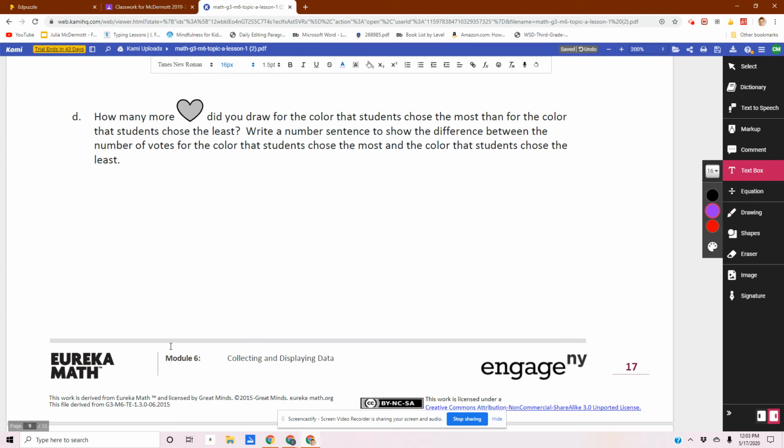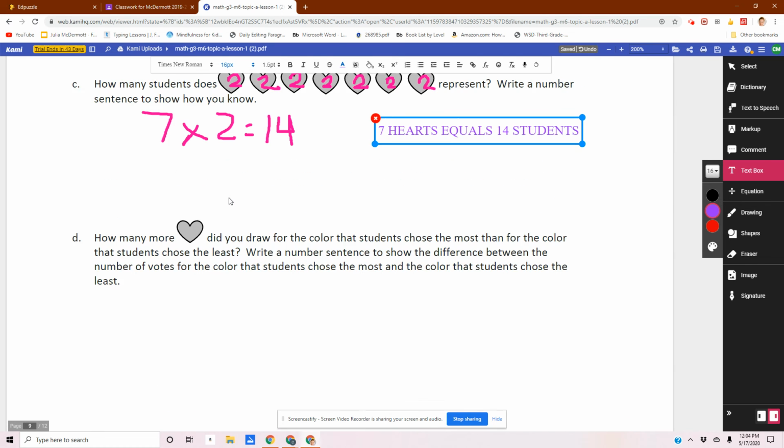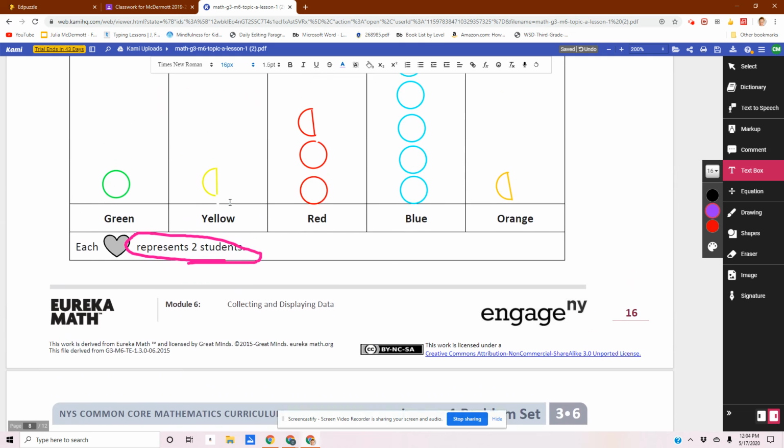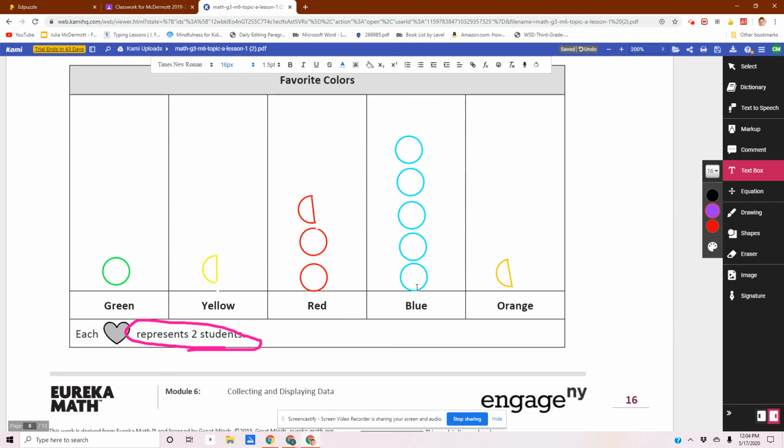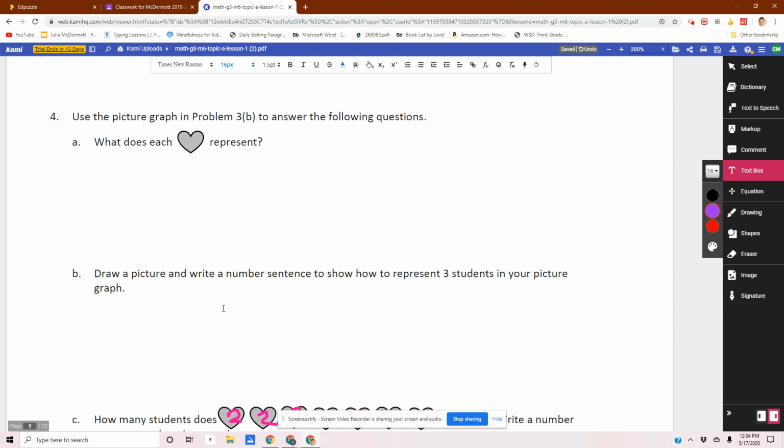How many more hearts did you draw for the color of students that had the most than for the least? So I would look at the chart and make a number sentence. The most in this case now is 5. The least, I could just choose any one of these, is half, right?